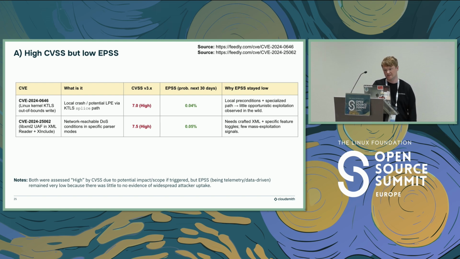It's another one where you need to craft a specific file. It needs to be an XML file for this to work, and the chance of the person exploiting that is limited. So again, you can go into those feedlysources.com. It's just another documentation of why the scores were justified the way they were. But it's just examples of where you could say, okay, even though it looks scary based purely on the CVSS, there's actually very little chance of this being exploited.